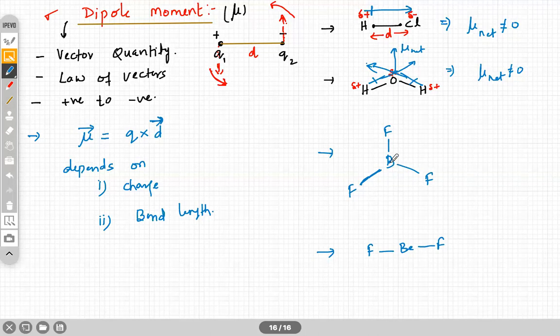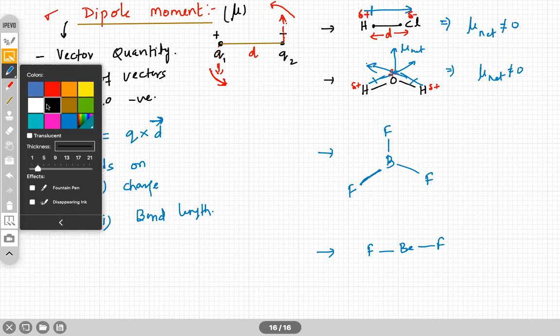Okay, so BF3, do we have net dipole moment in this? Yeah, we have electron pair, but we are just talking about this bond here. You see, this is delta negative, and delta negative, and this one will have delta positive.